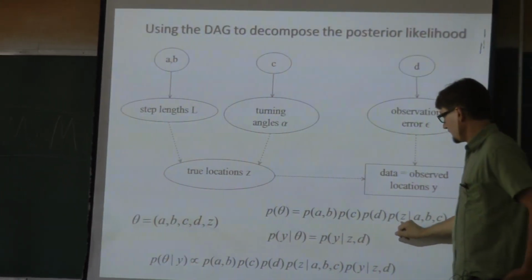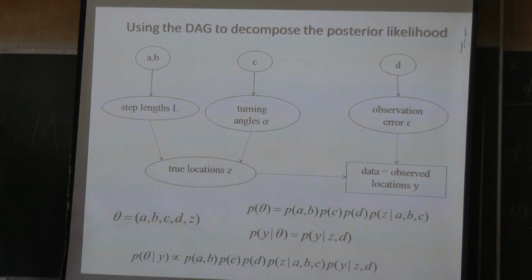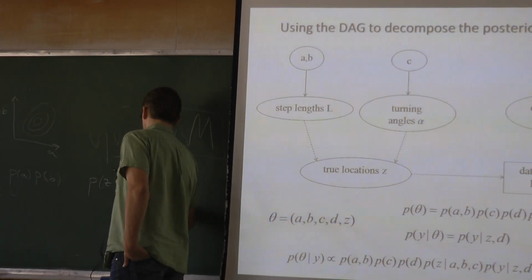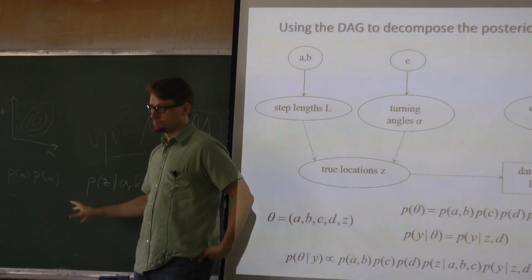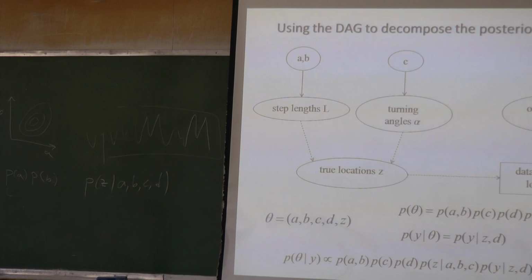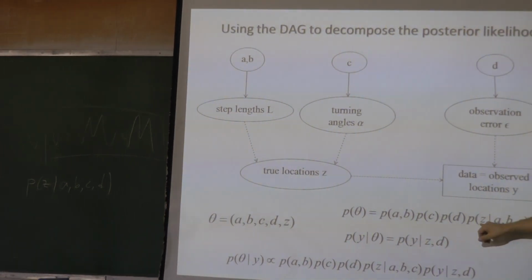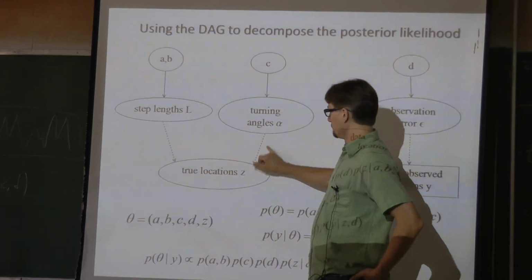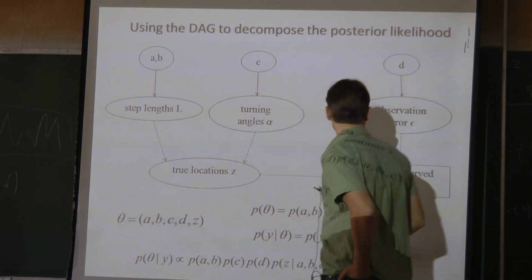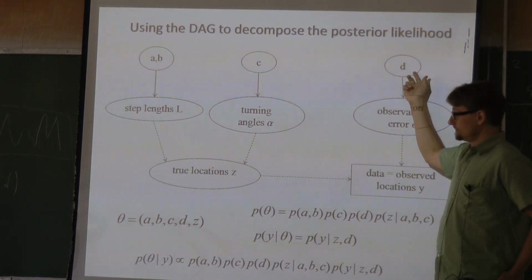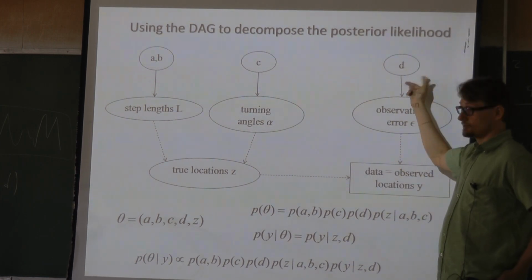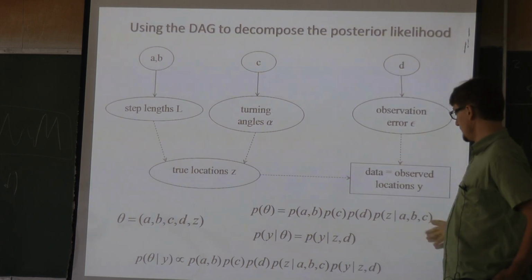Originally I write the probability of Z conditional on all the parameters A, B, C, and D. That I can do just by the definition of conditional probability. But then I look at this graph and see what Z is really depending on. So I follow these arrows backwards from Z. I get to A, B, and C. I don't get to D. So conditional on values of A, B, and C, Z doesn't depend on D at all. That's why D doesn't appear here.